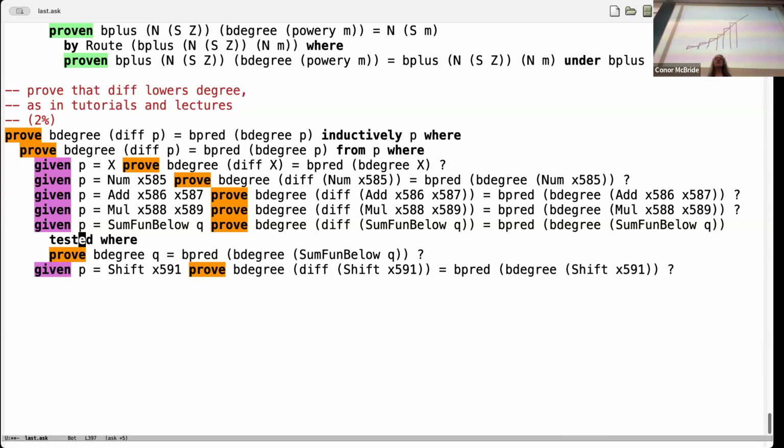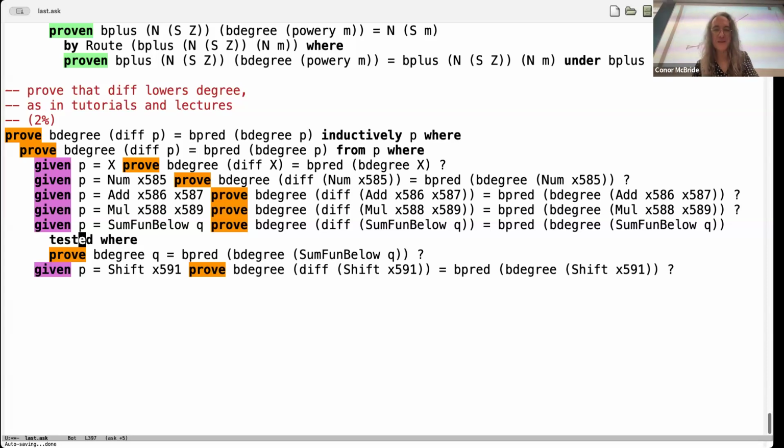Now, some folk were terribly enterprising and chose the degree of some fun below Q to be bottom. And that's not the right answer, but it does make this case of the proof go through. So I awarded that craftiness some partial credit because it did make the proof go through.